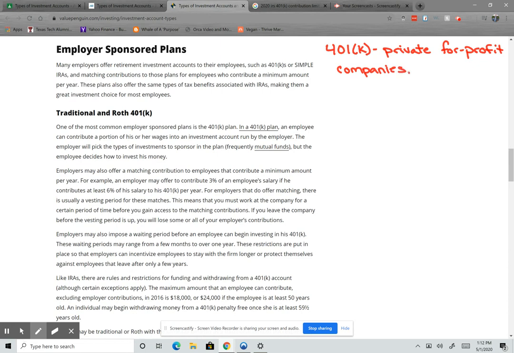Okay, another one, and the 401k refers to the section in the tax code where the rules for these plans are set up. So 403b, that's the section in the tax code where the rules for this plan are set up. 403b, just like a 401k, but it's for private non-profit organizations.